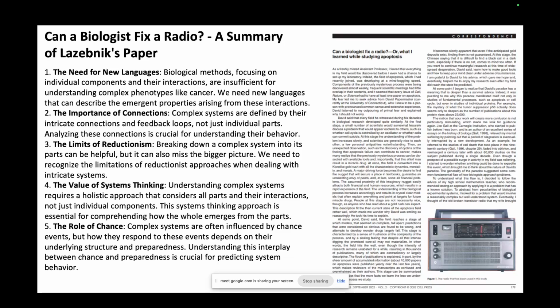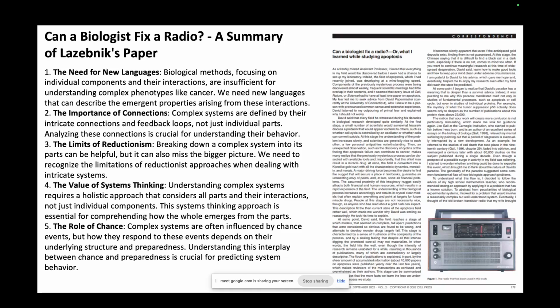When he first went there, and how he felt about different fields of biology, his field was apoptosis, and how he saw the field change from a very experimental focused field to systems biology, or a mathematical type of field.